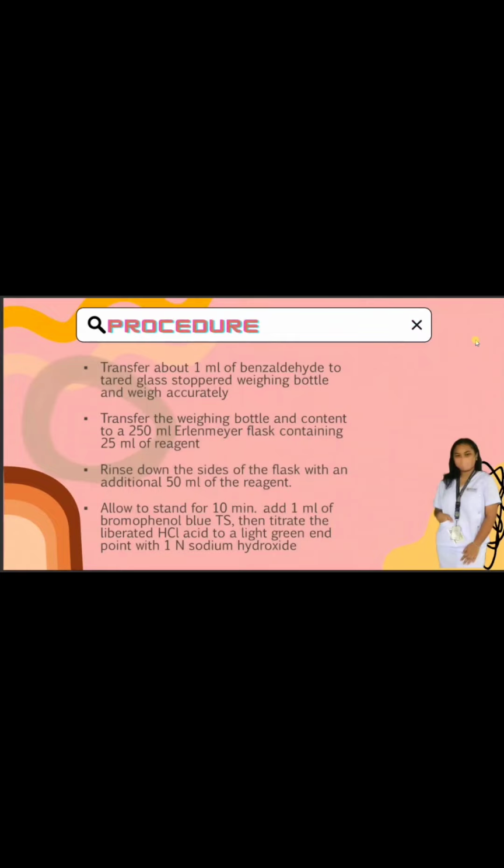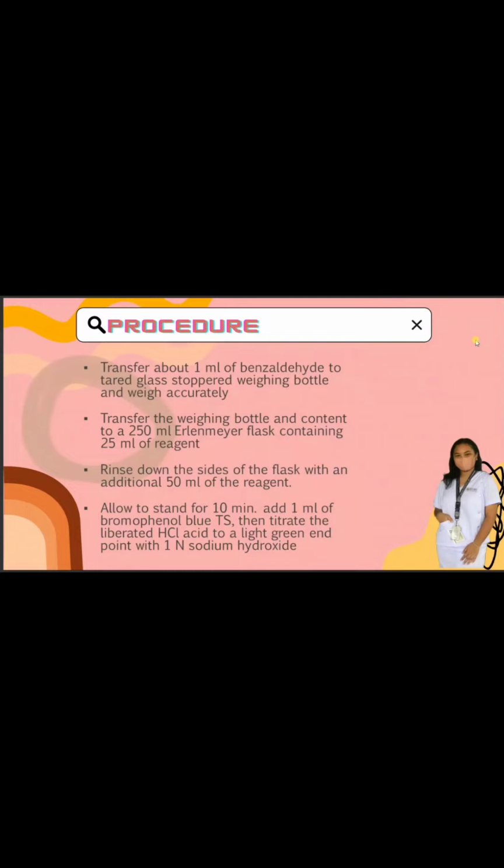The procedure is to transfer about 1 ml of benzaldehyde to a tared glass-stoppered weighing bottle and weigh accurately. Then transfer from the weighing bottle and contents to a 250 ml Erlenmeyer flask containing 25 ml of reagent. Rinse down the sides of the flask with an additional 50 ml of the reagent.